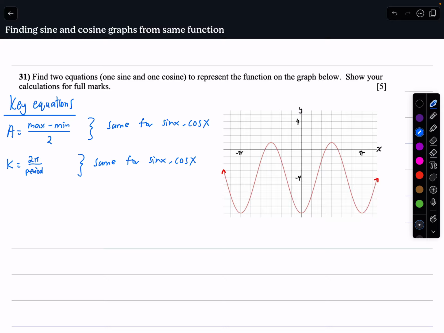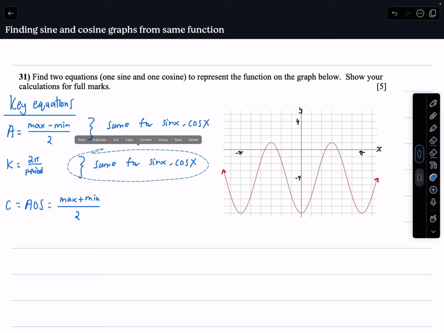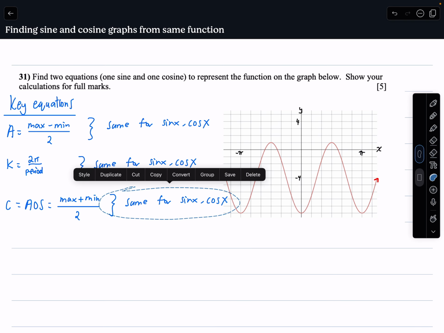And the last thing we want to get is the c value, which is the axis of symmetry. The c value, also known as the axis of symmetry, is going to be max plus min all over 2. And this as well is the same for sine x and cos x.